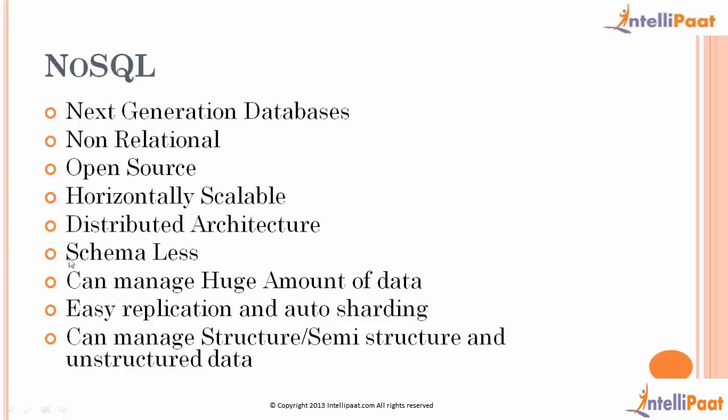Schema-less. This is again a very, very important feature of NoSQL. If you talk about relational databases or traditional databases, we will have a fixed schema. For example, if you want to create an application, first you have to create the same kind of fields, or attributes, inside your database, and only then can you create your application according to those fields. But in NoSQL you don't have to bother about your database.